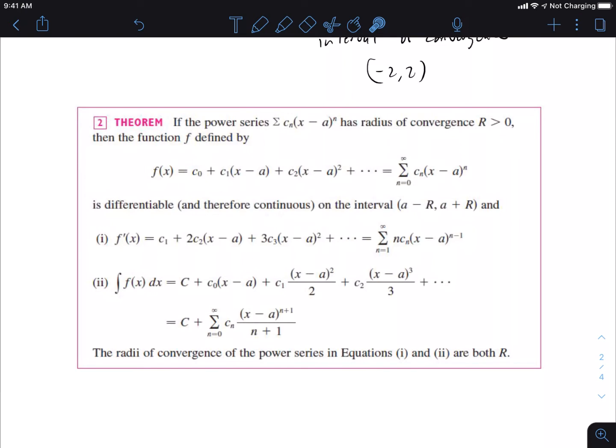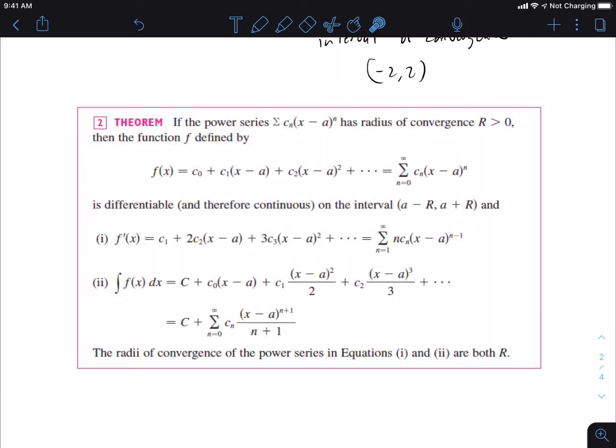That's what we want to do. And then here's what we can determine. In that interval, we can take the derivative and we can take the integral. And what's cool about it is the radius of convergence for both of these is still going to be that same r. So whether we take the derivative or the integral, the radius of convergence will be the same.